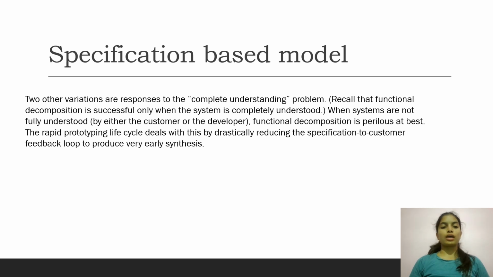When systems are not fully understood either by the customer or by the developer, functional decomposition is precarious at best. The rapid prototyping lifecycle deals with this by drastically reducing the specification-to-customer feedback loop to produce very early synthesis.